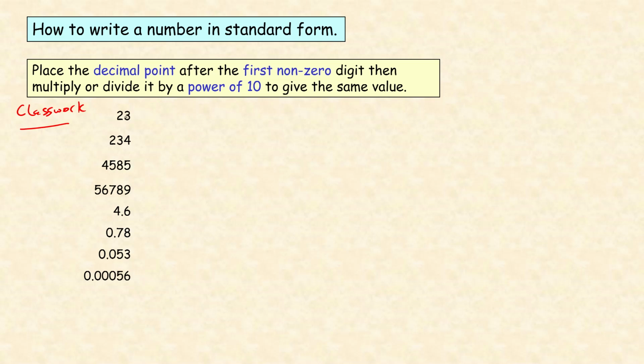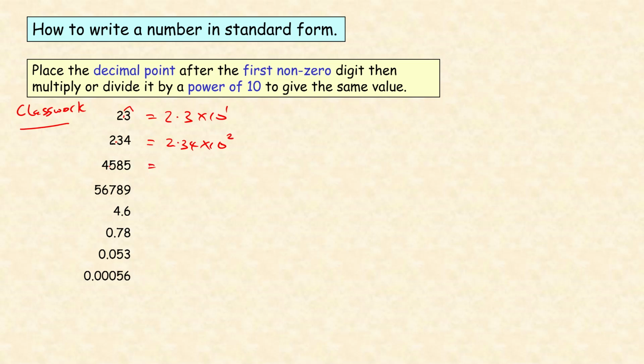Right, on this first one, it's 23. So where am I going to place my decimal point? There, between the 2 and 3, so that's going to be 2.3 times 10 to the power of, and we count forwards, 1. This one's going to be 2.34 times 10 to the power of 2.